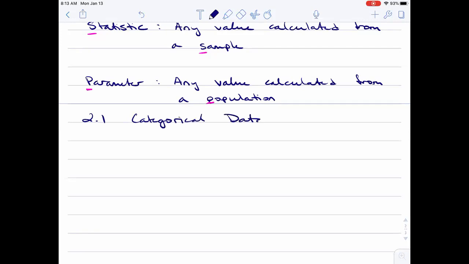Categorical data is kind of boring in the sense that, well, there's not much we can do about it. In terms of summarizing it, we usually look at the counts in each category. And in terms of visualizing it, we make a bar graph, or we can make a pie chart, but we should make bar graphs, right?